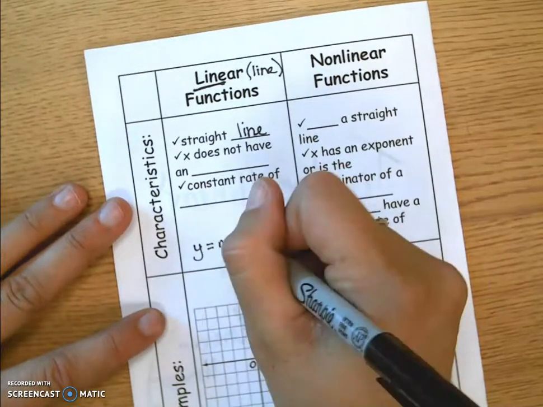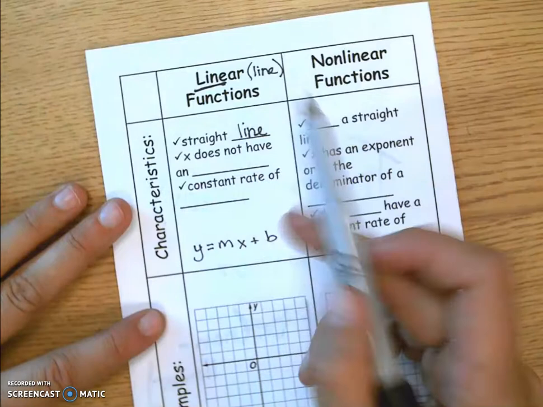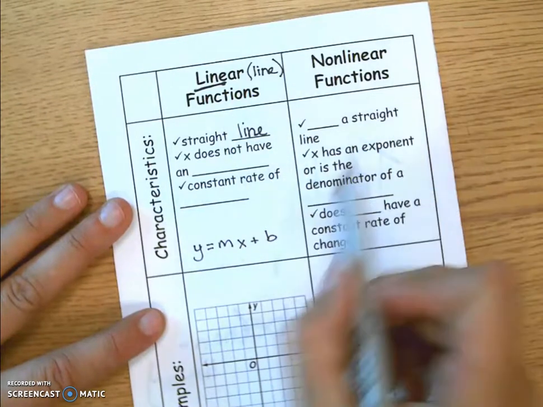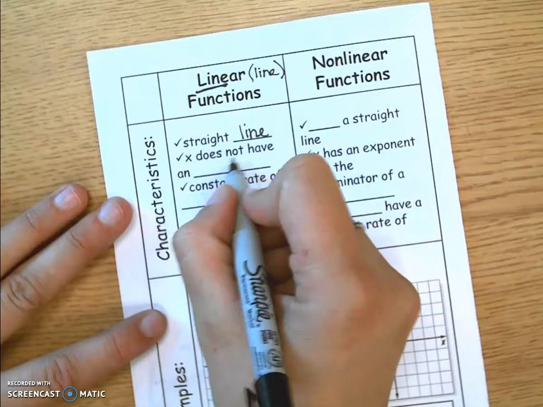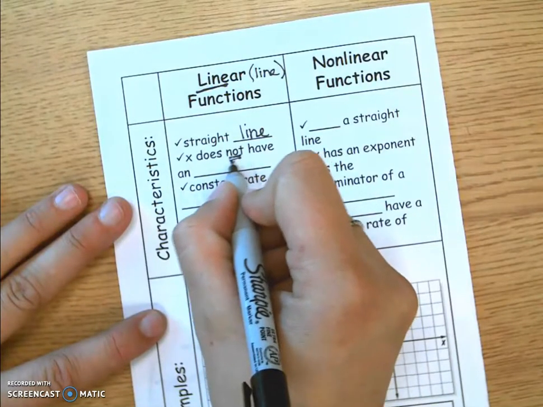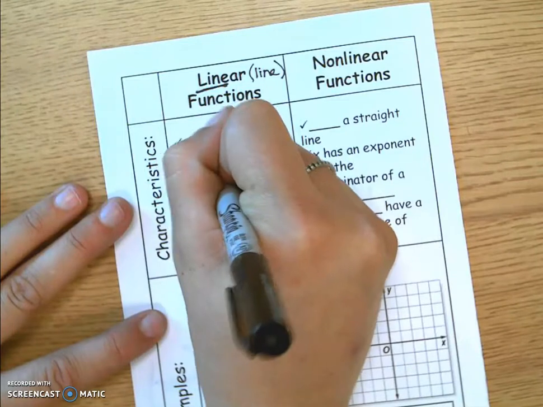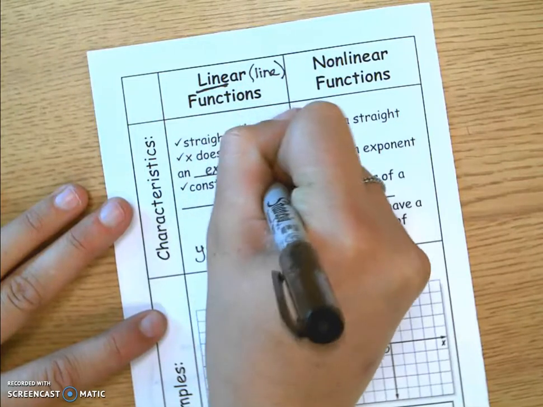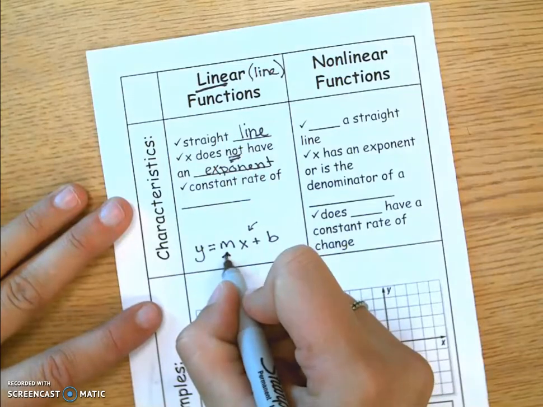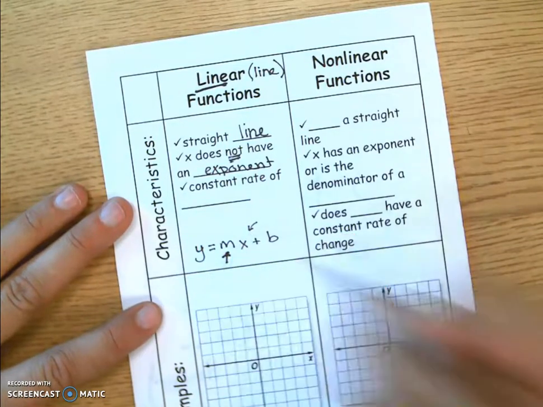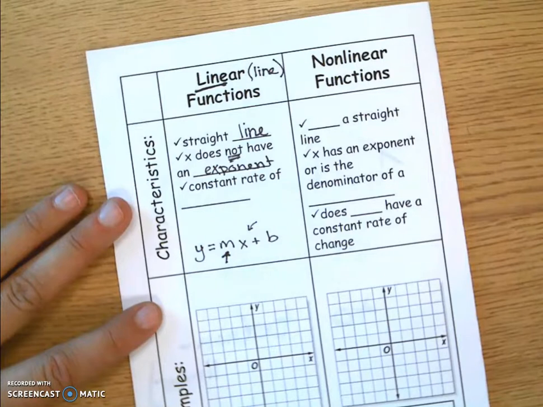And what's important to know about a linear function versus a nonlinear function is our x does not have an exponent. So there is a constant next to it, there's a number, but up top there's no exponent. And that's the most important part when you're looking at an equation.